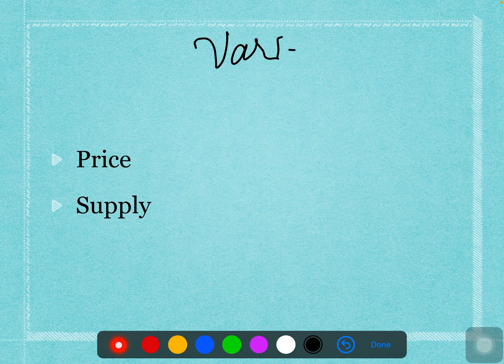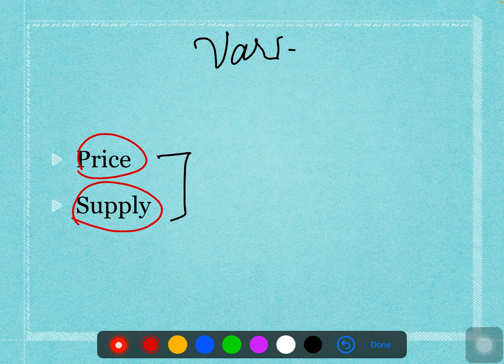To prove the positive relationship between variables, I have taken an example of two variables. The first variable is the price. The second variable is the supply. Let me explain the theory, then I'll come to the diagram and how you're going to construct it.